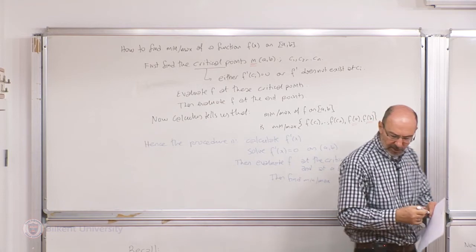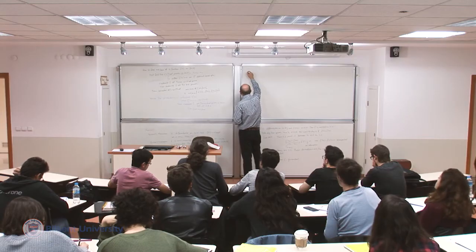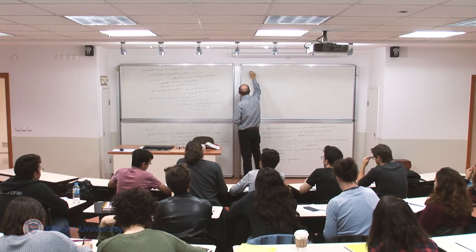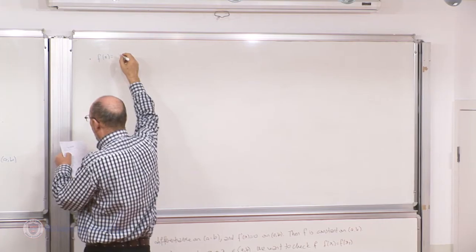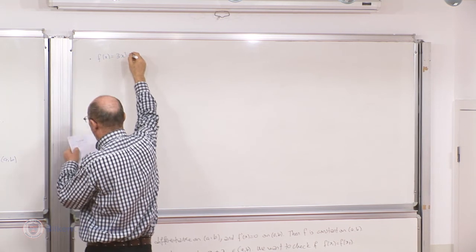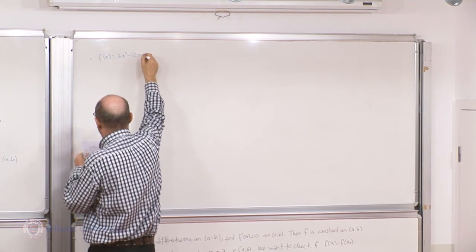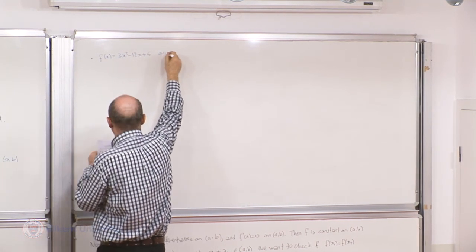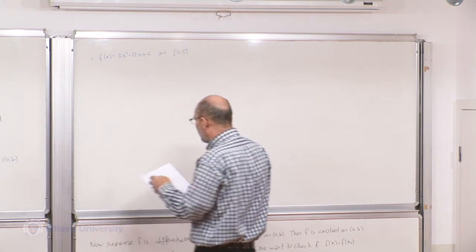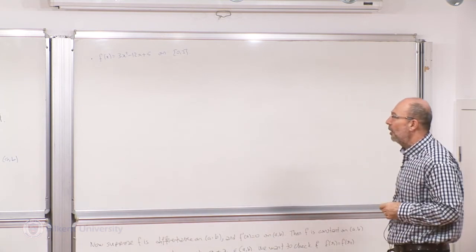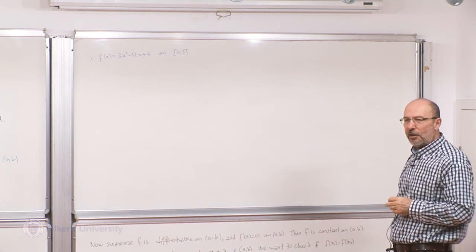Okay, so let's see. For the first problem, we have a very simple function, f of x equals 3x squared minus 12x plus 5 on [0, 3]. You see that when you take the derivative, you'll get a linear equation.